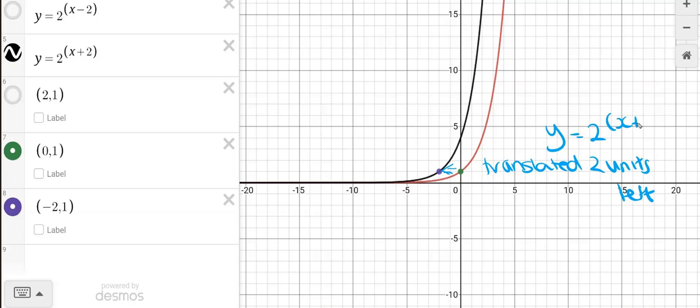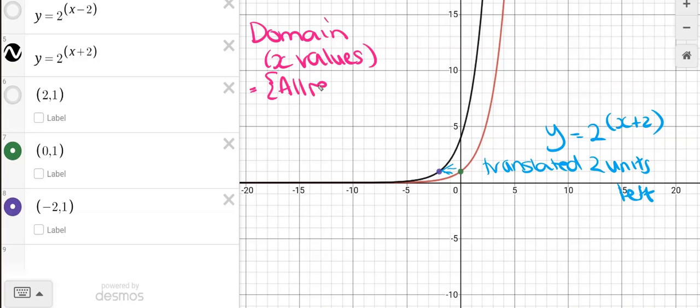Now we're going to have a look at the domain and the range. On our graphs, the domain is the x values. This is always the x values with exponential graphs, and it is going to be all real numbers.